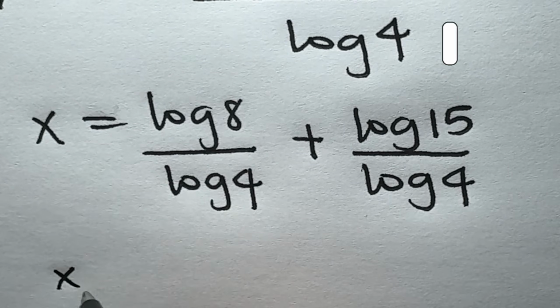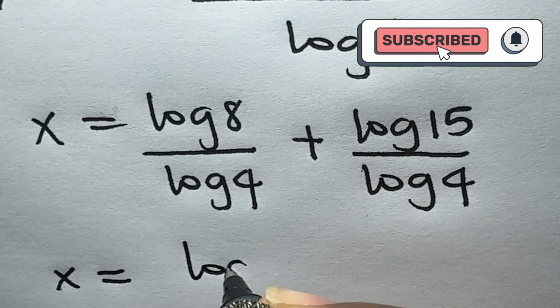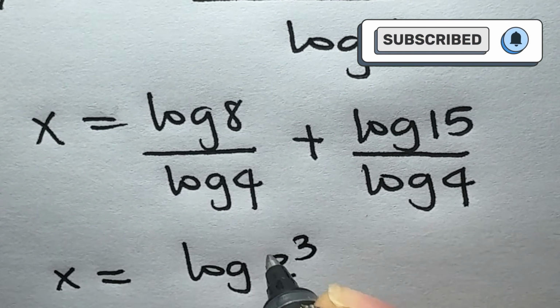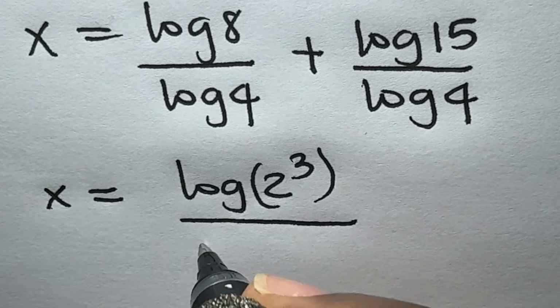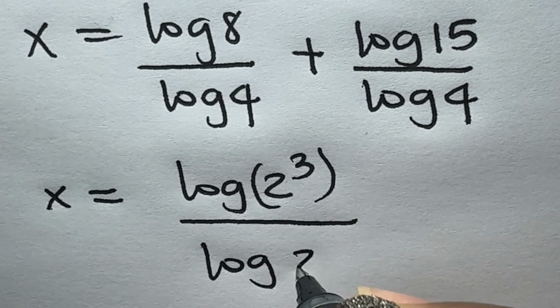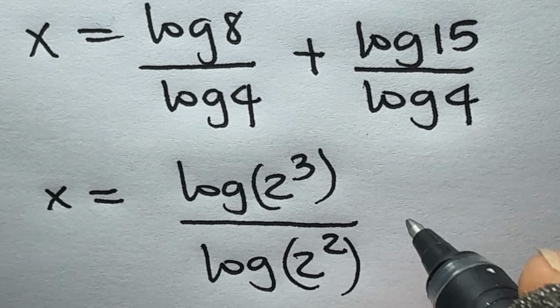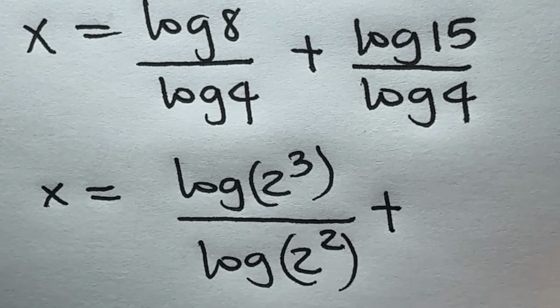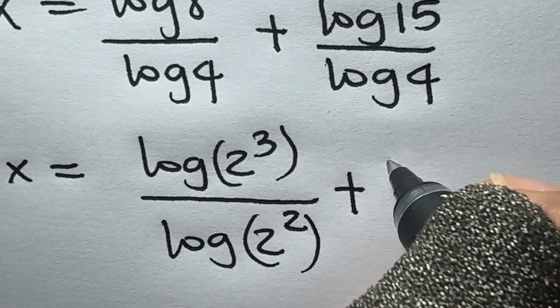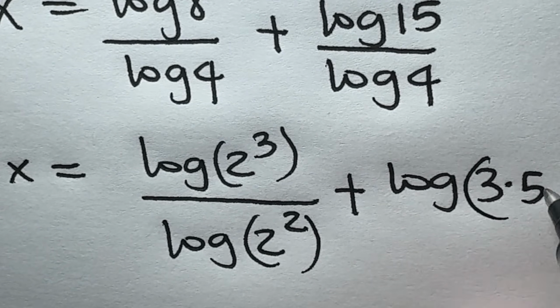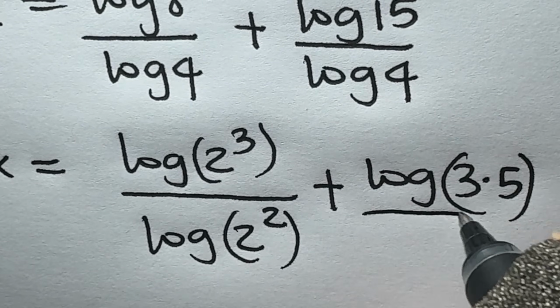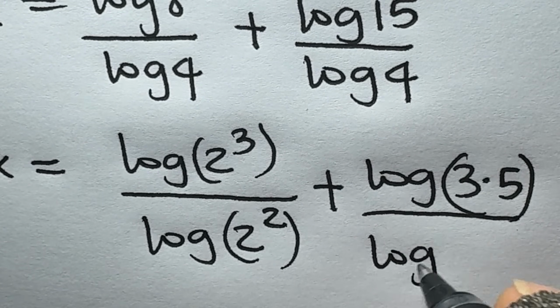I can write log 8 as log 2 raised to power 3, and I can write log 4 as log 2 raised to power 2. I will also write log 15 as log 3 times 5, then divided by log 2 raised to power 2.